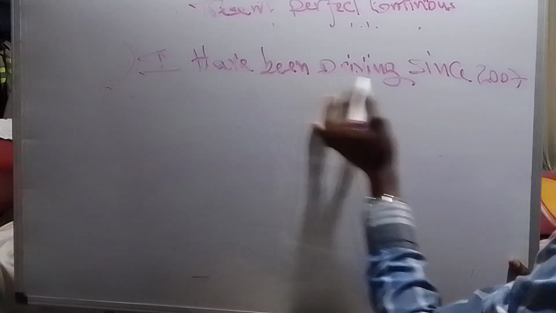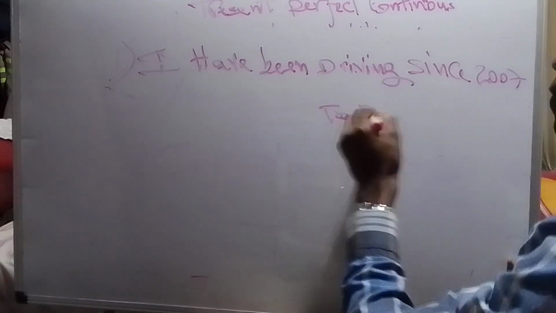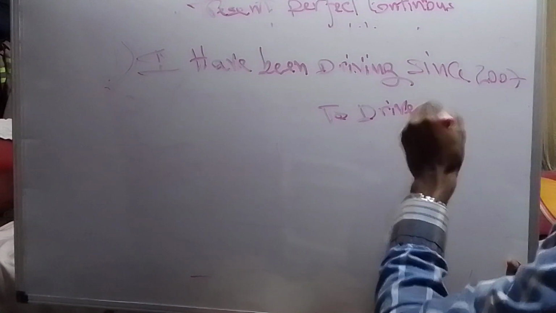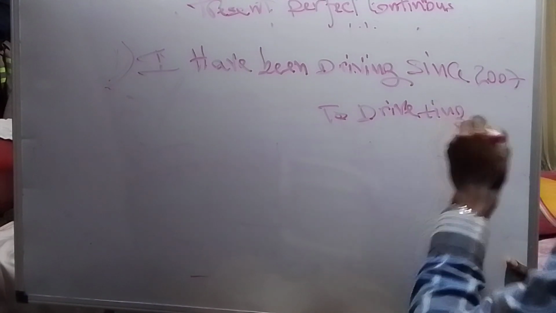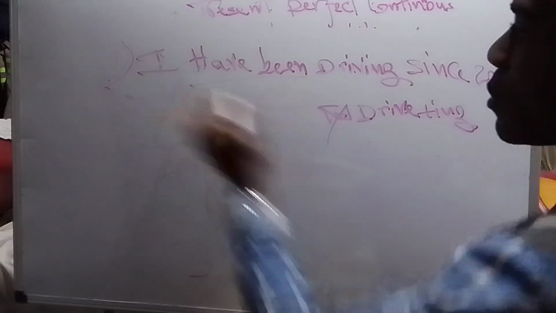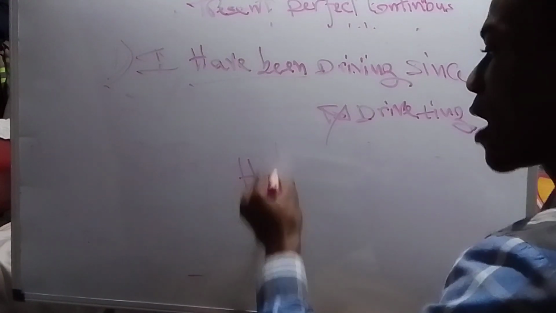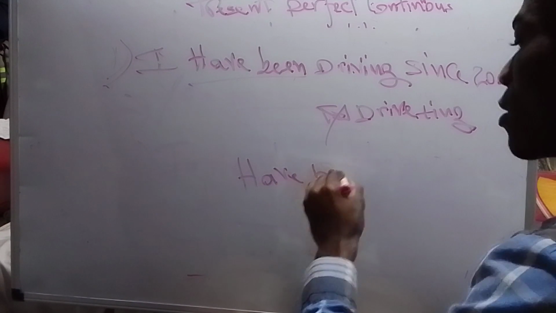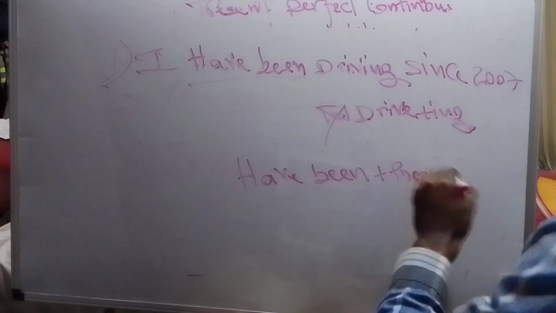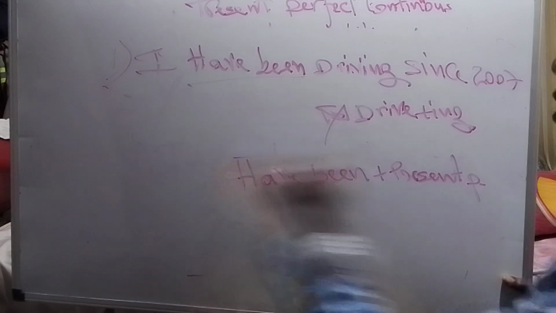I have been driving. Driving is the verb to drive, but I put an ing form and I erase those. Have been. Do you see it? Because the construction is have been plus present participle.